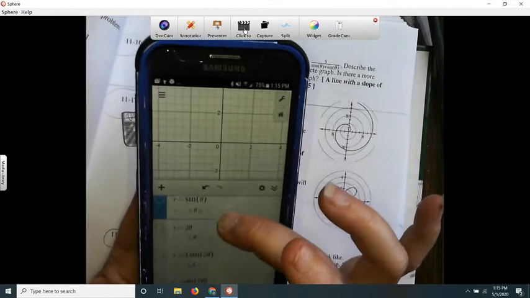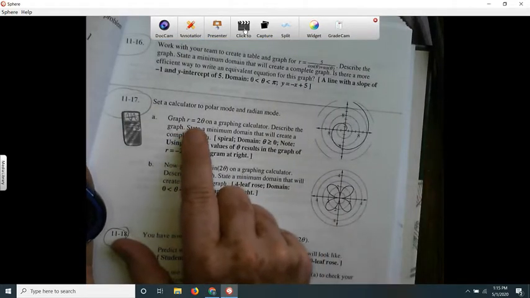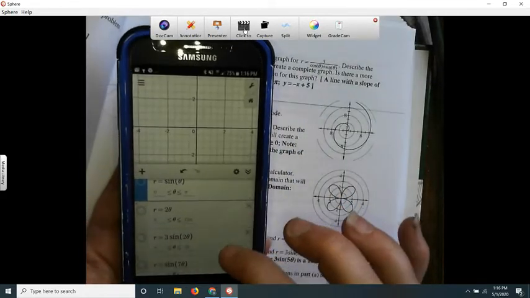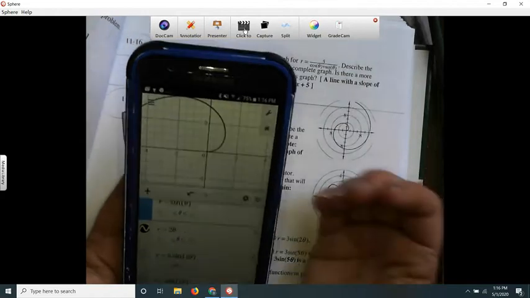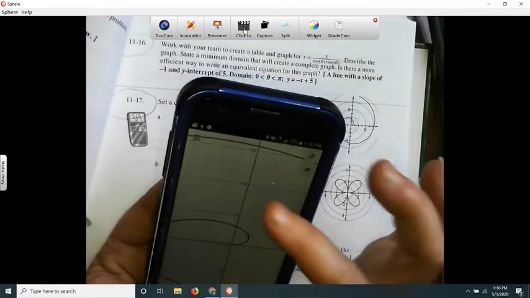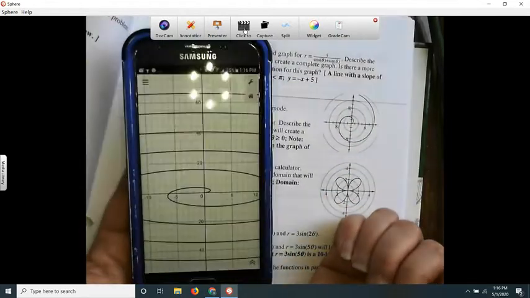But then your book tells you to graph r equals 2 theta. So I just typed in r equals 2 theta. And look what I got. Oh, you can't see it. Whoa, I got a spiral. So that's fun.